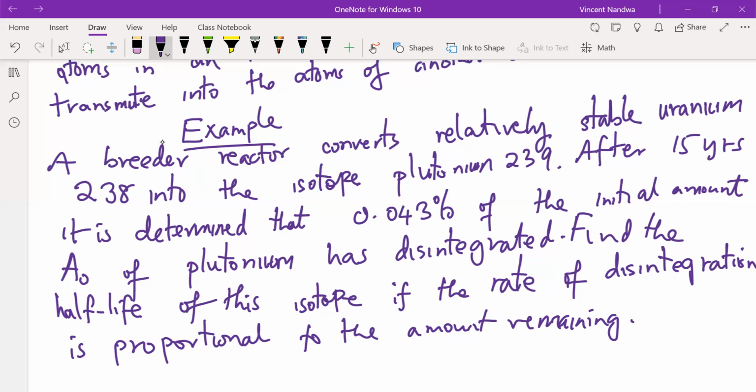That's a good problem to illustrate how to find half-life from an ordinary differential equation point of view.